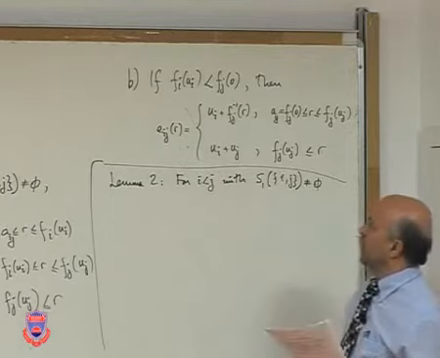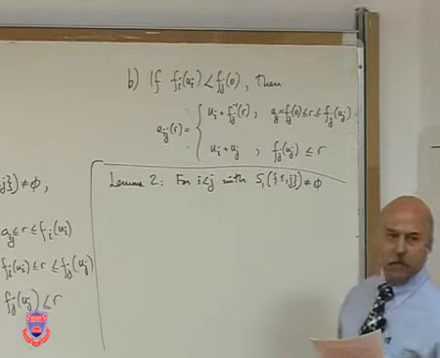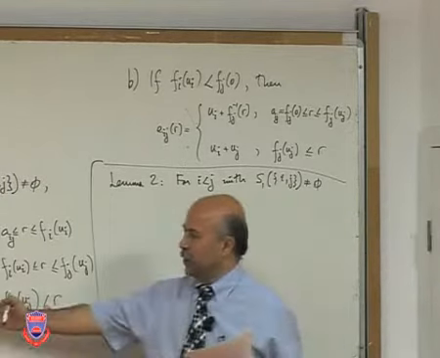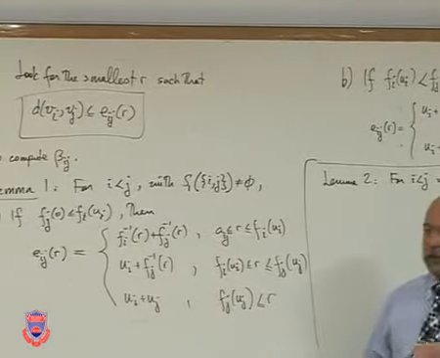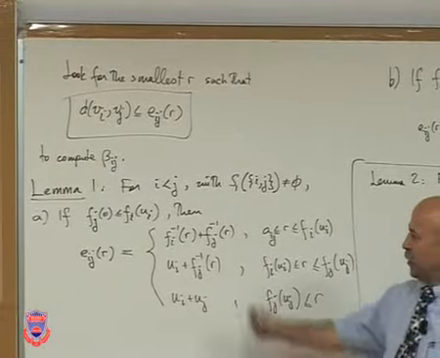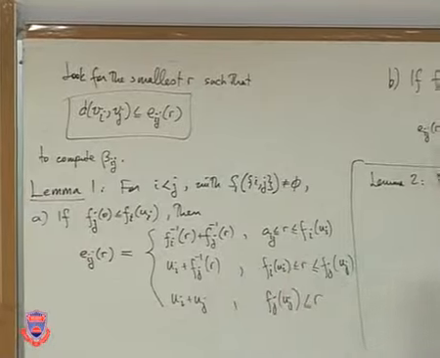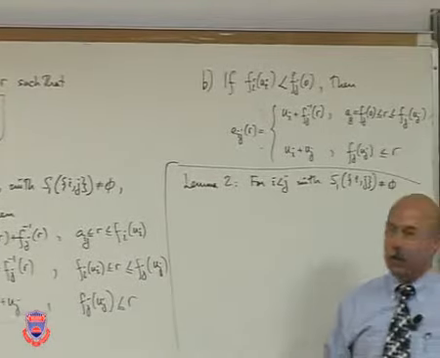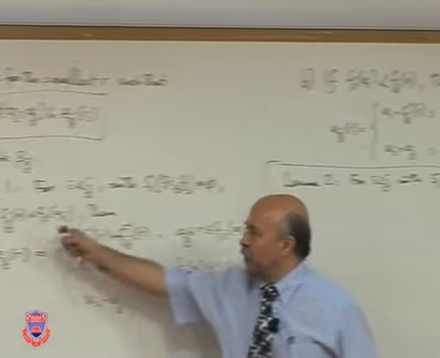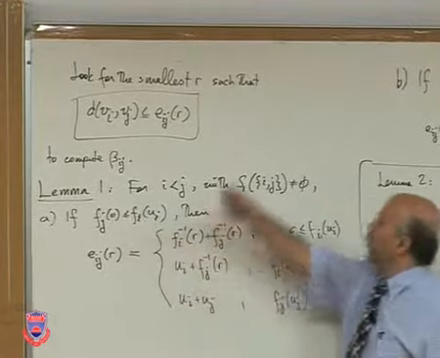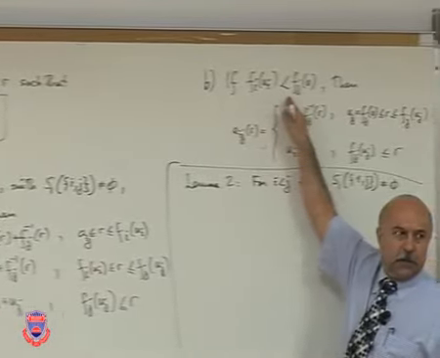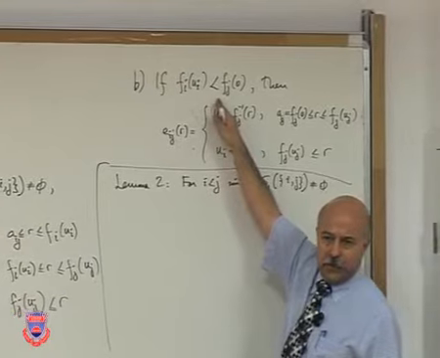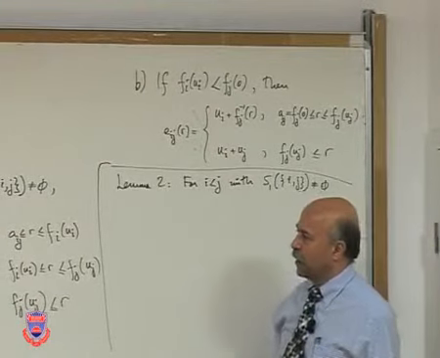From the computation of Eij, either using this expression or that expression, only one of them will apply, depending on if you have this inequality or the other inequality. These are mutually exclusive, exhaustive cases.